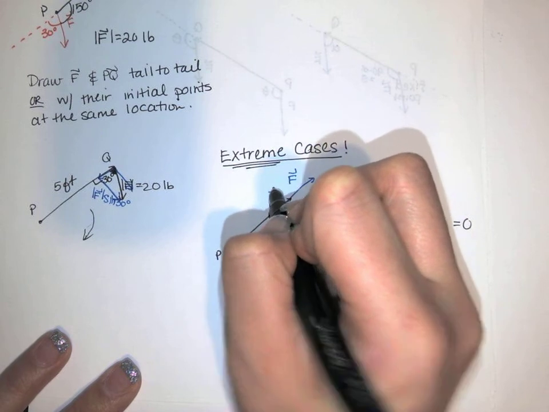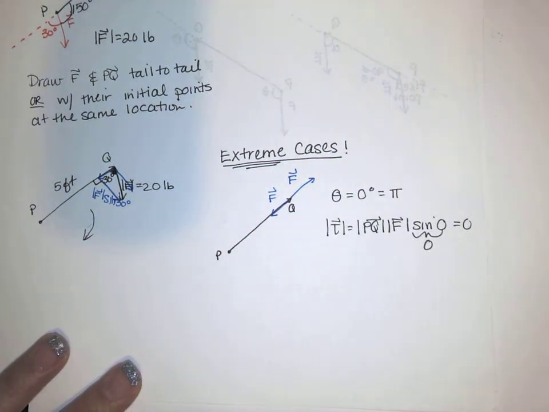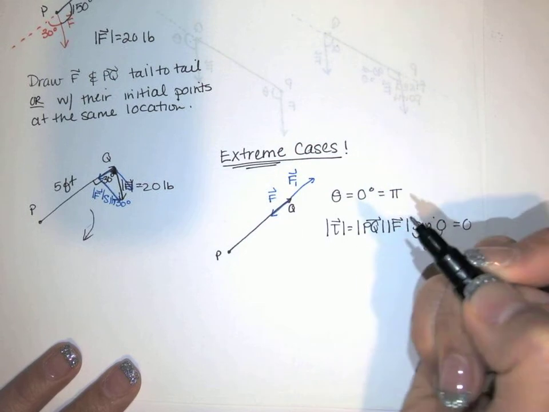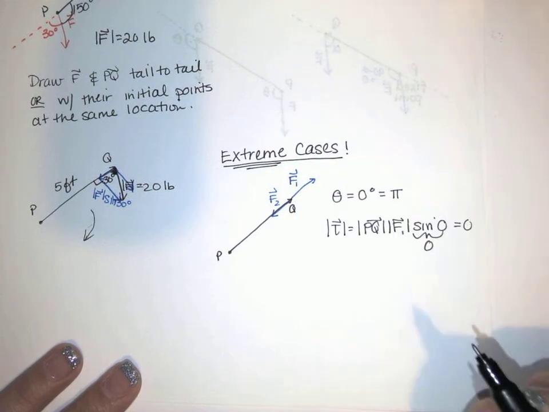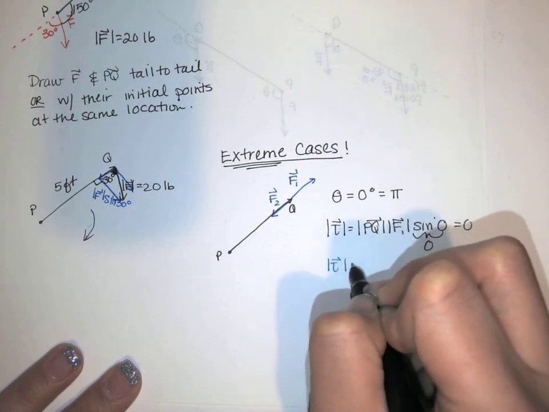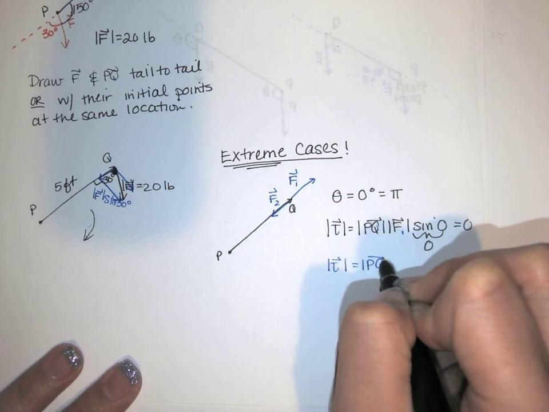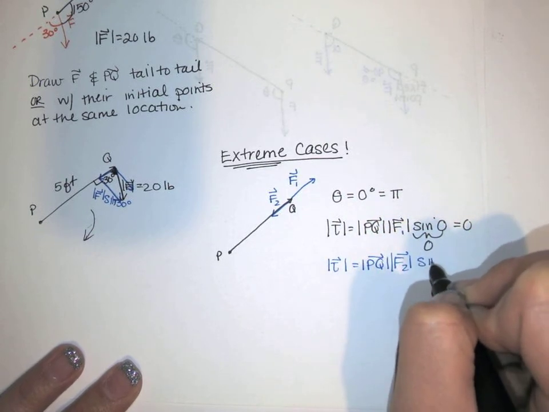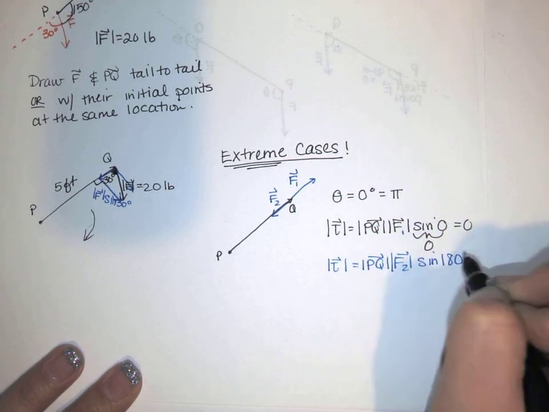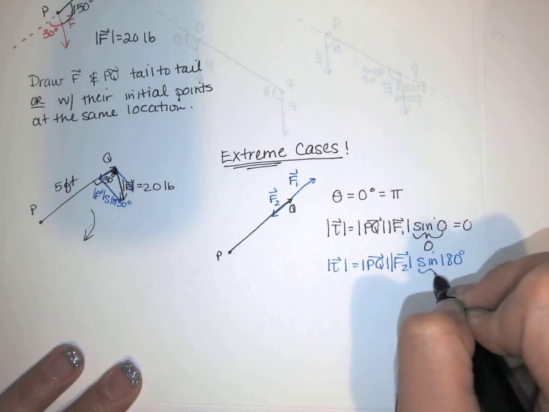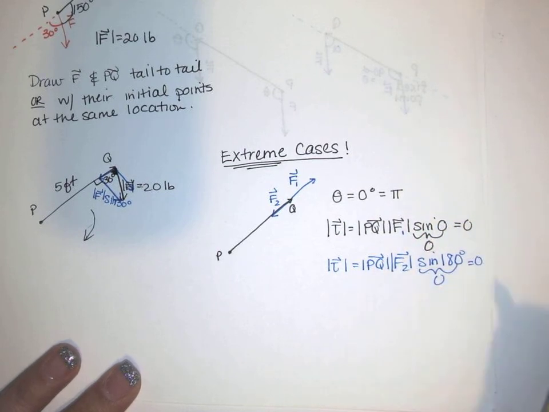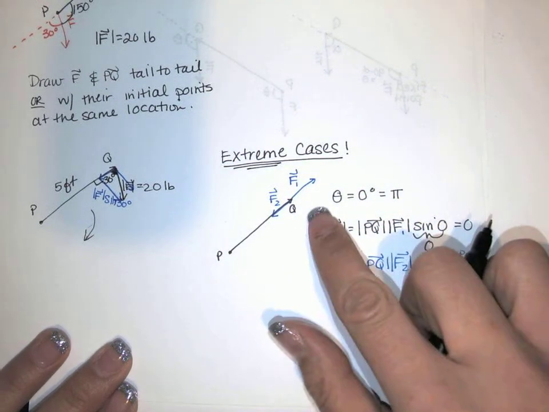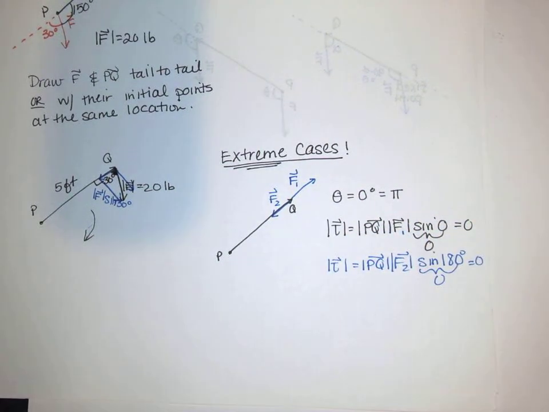So I'm sort of pushing against my pen. Well, that doesn't rotate anything. In that case, I'll call that one F1. I'll call this one F2. In that case, I've got this, that's sine of 180 degrees, or sine of pi radians. We still get 0. So nothing's happening. If the force is acting along the moment arm, we get nothing.